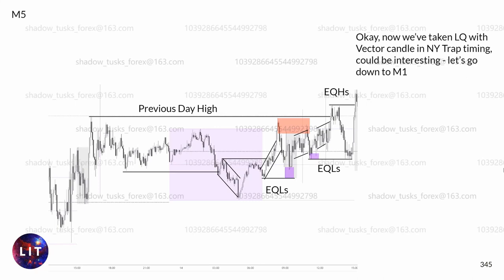What you need to do is identify your build-ups on M5, and then once things get interesting on M5, i.e. you've induced your build-up, that's when you can hop down to the M1 and refine. And there are some cases where you don't even need to hop down to the M1 to refine. There's nothing wrong with taking it off the M5.